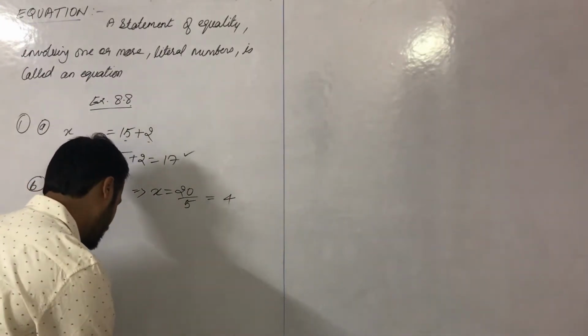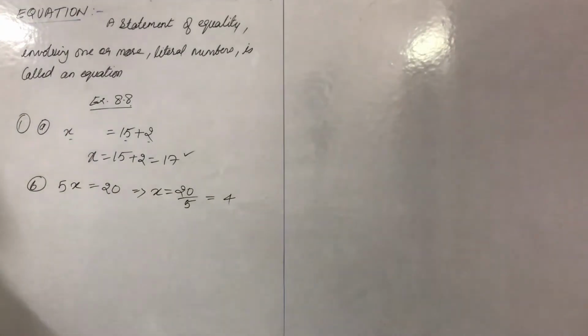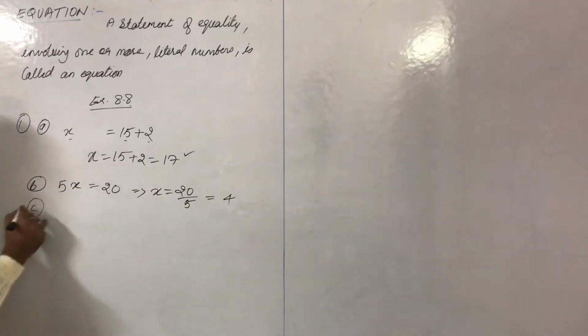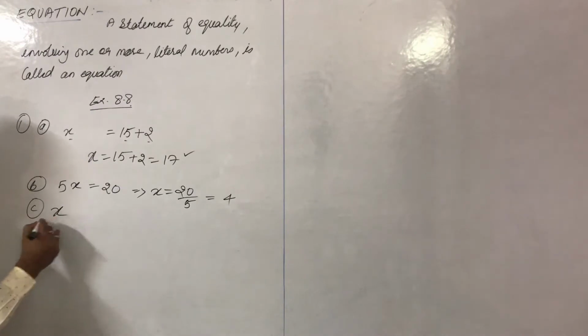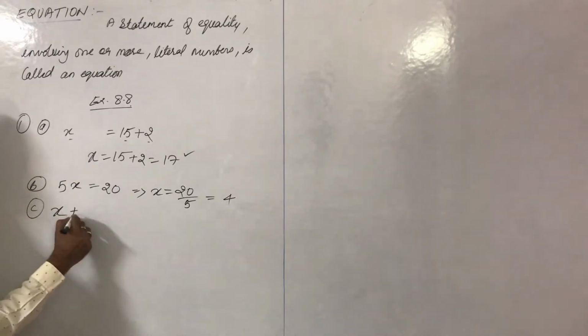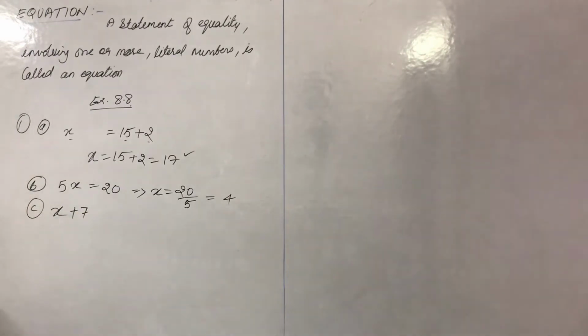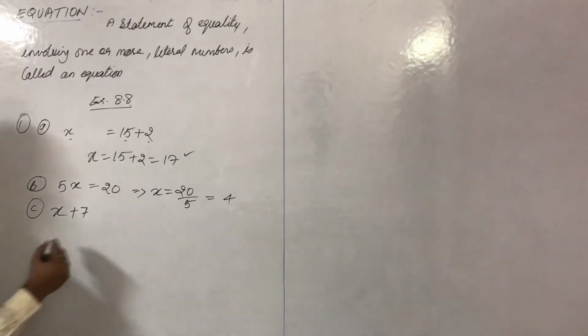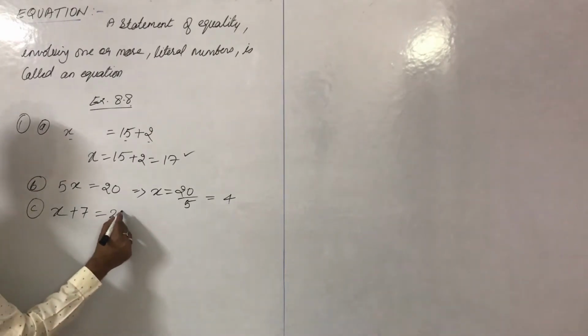Next part C: a number increased by 7 equals 20. The unknown is x, and increased by 7 means plus 7. So the final equation is x plus 7 equals 20.